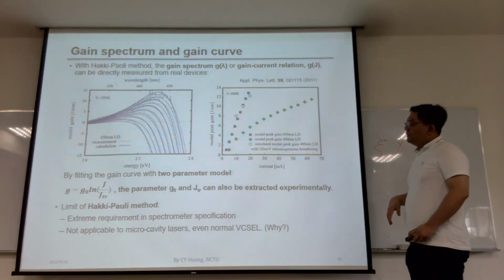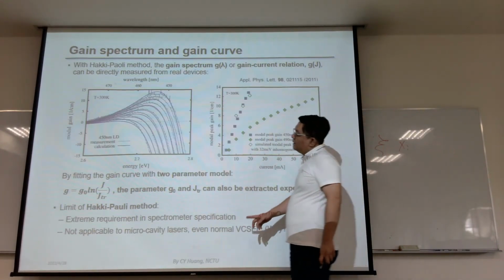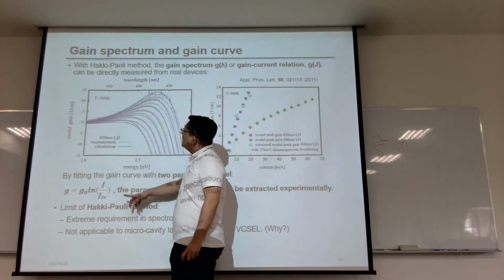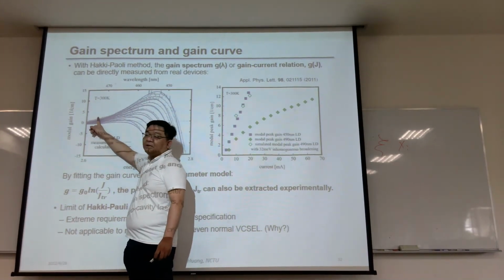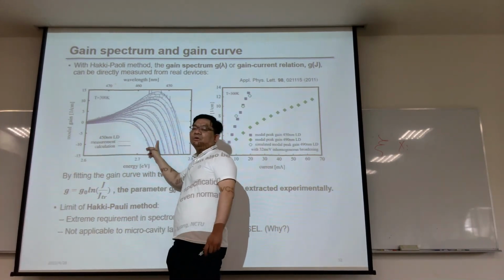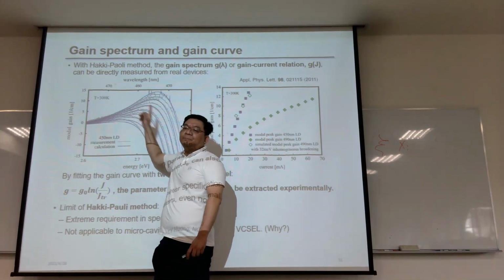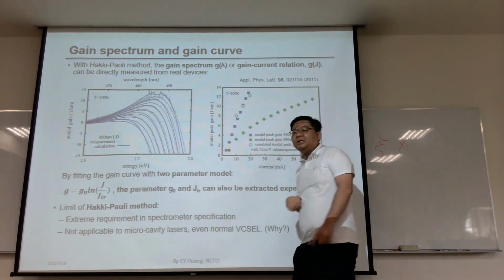So we calculate with different wavelengths and under different gain. We can really measure the optical gain under a specific current injection level.